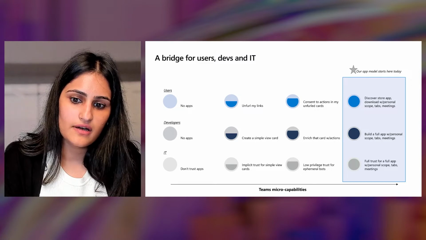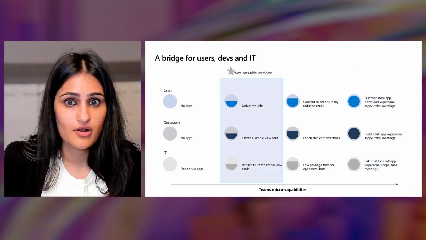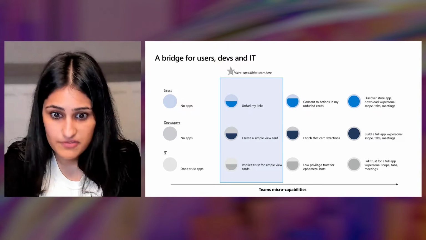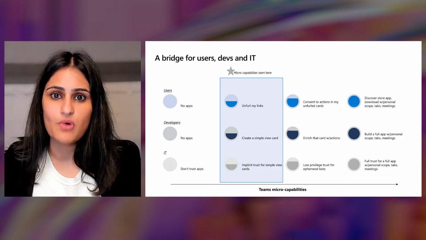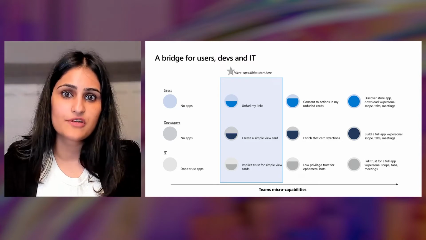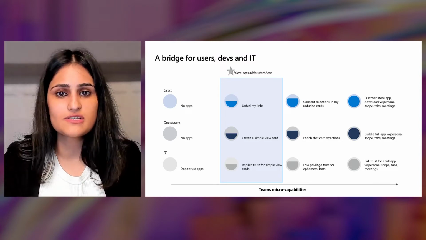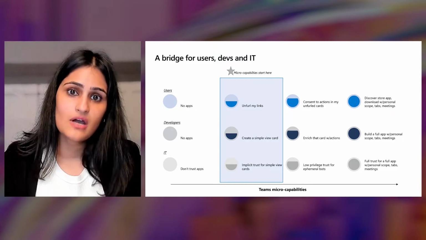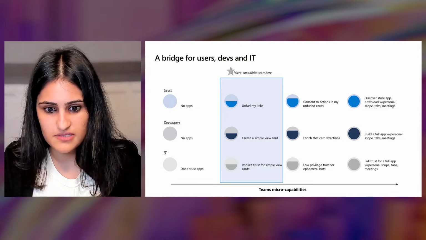And we thought, what if we introduced this concept called microcapabilities, and instead started right here, leftmost, which is for the users, setting up small in-context discovery points for users to understand what our apps do and to start to take advantage of small experiences within their workflows in Teams without actually having to switch context.